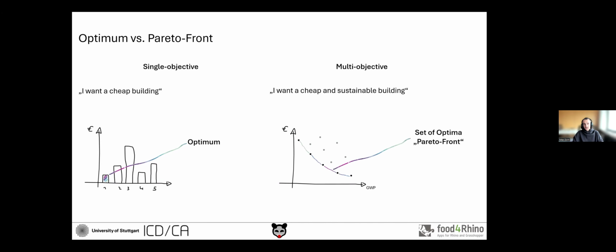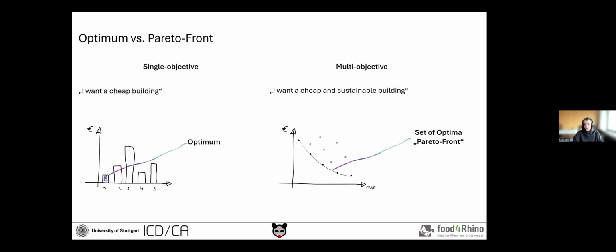The goal of multi-objective optimization now is to find those points that cannot be better in one objective without compromising another. So, for example, a building that is very cheap but also bad for the environment is, in this scenario, equally good as the most expensive building that has the least global warming potential.